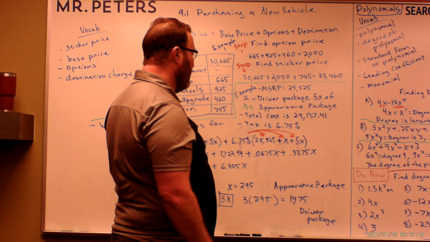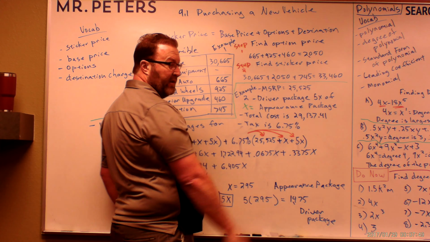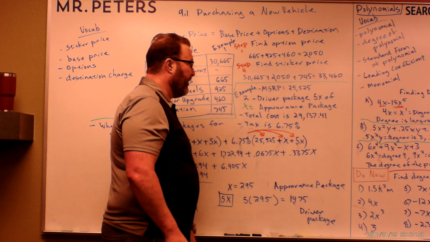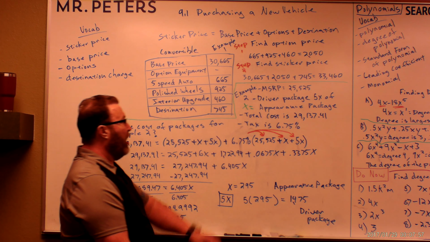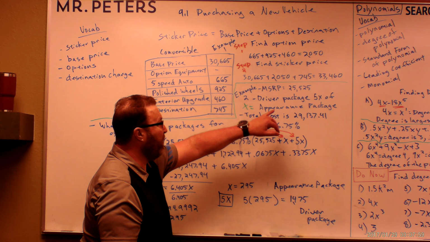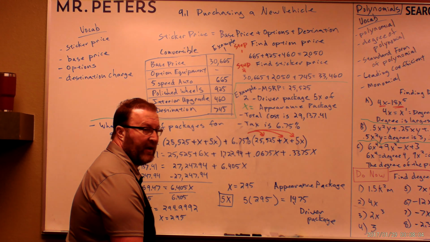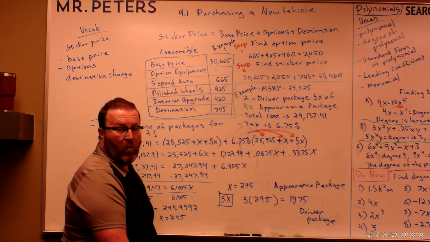And then on top of it, it's throwing in another wrinkle. That's this right here. It's saying there's tax of 6.75%. Okay, so we're figuring out a couple of things. We have to figure out what the tax is on the total price, and we have to figure out how much the appearance package is and how much the driver's package is. But the way they word this, we're still only missing one variable.